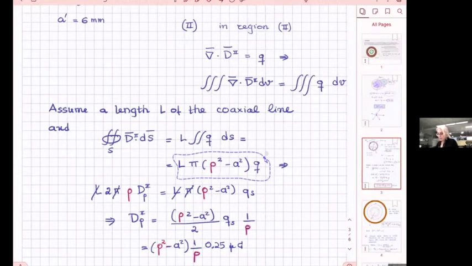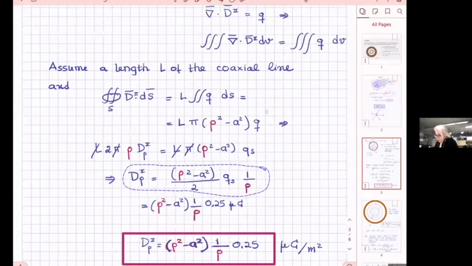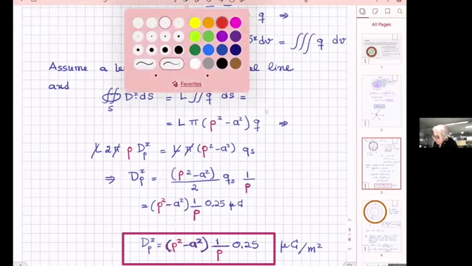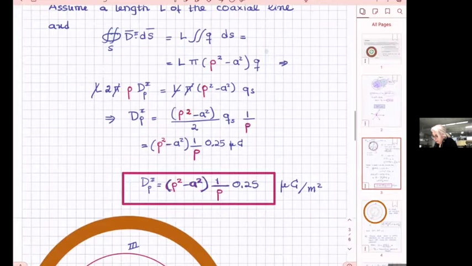This is the total charge. And then as I did before, this integration practically gives me that D rho is given by this expression. So it's practically rho squared minus a squared divided by 2 times epsilon, times 1 over rho. So practically that's what we have.